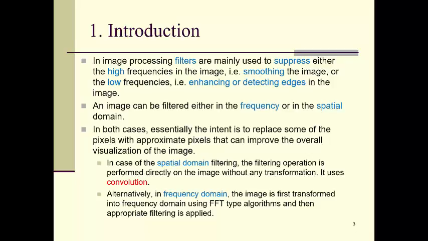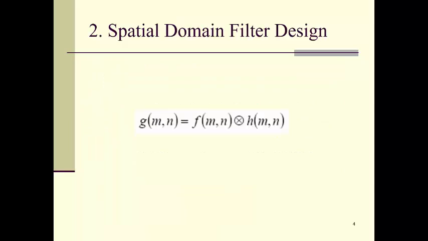And here we have said that the filtering is applied in the spatial domain using convolution, but it is applied in the frequency domain using what? Multiplication. Okay? Which is the relationship between convolution and multiplication in both domains. Okay? So here we say that in the spatial domain filter, assuming that my image is F and my filter is H, if I make a convolution between them, the resulting image G will be the filtered image.